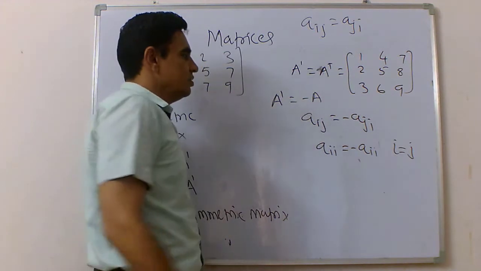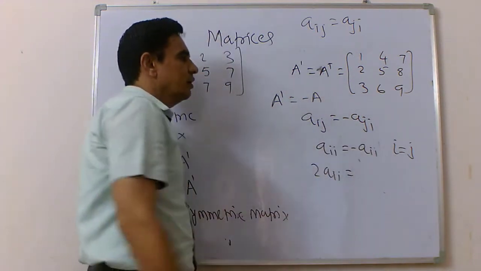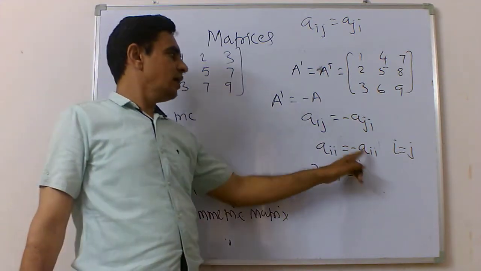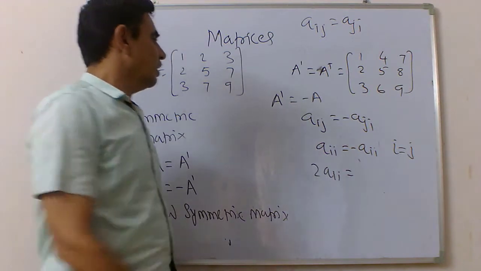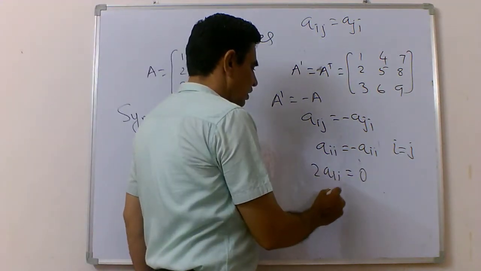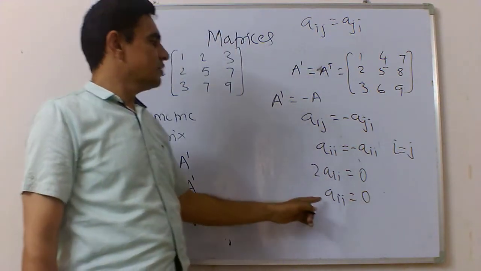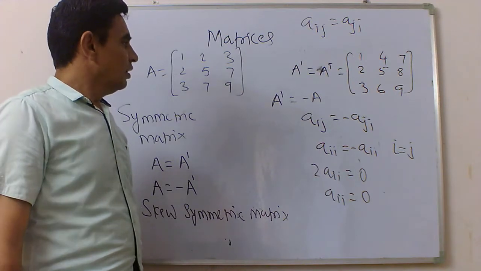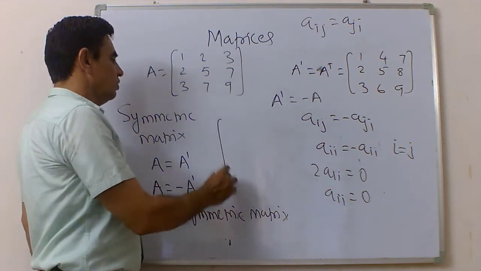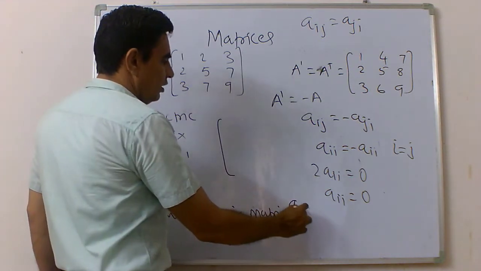Transferring this minus Aii to the left side, we get Aii plus Aii, that is 2Aii is equal to 0. Then Aii is equal to 0, which means if i is equal to j, those elements are 0, so diagonal elements are 0. In the skew symmetric matrix, diagonal elements are 0 and other elements satisfy the condition Aij is equal to minus Aji.